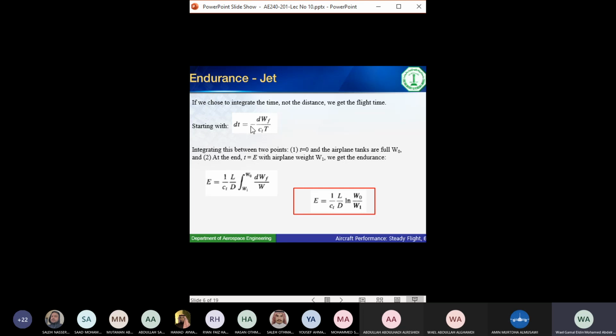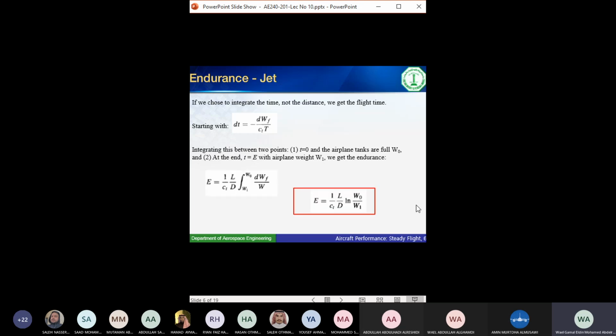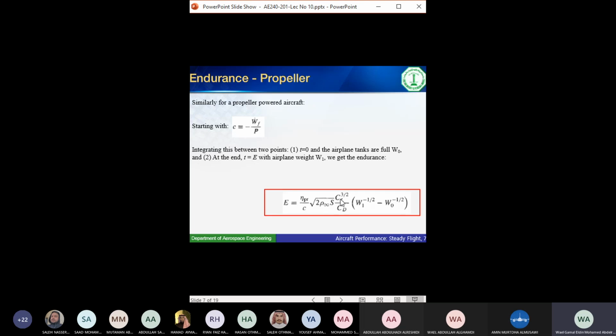Exactly the same thing for propeller, but this time this will be power. Power will give me speed. Speed will give me CL to the power 1/2. So instead of CL over CD, you will find CL to the power 3/2 over CD. That's the third ratio we had in the formula sheet in the midterm.